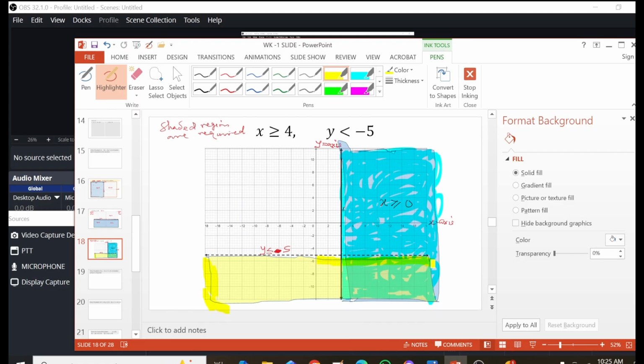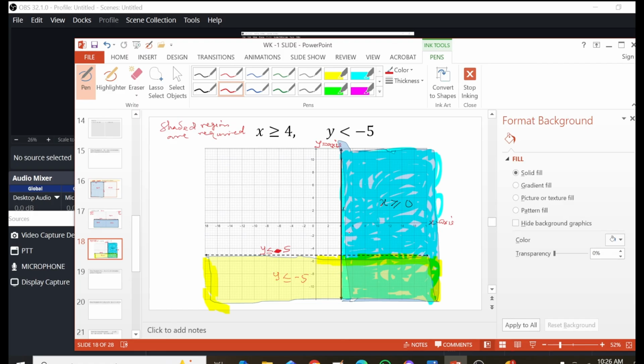All this region, they are the required region. Now, all this part that is filled with yellow, they are less than, y is less than or equals to -5. This yellow part, they are less than or equals to -5.